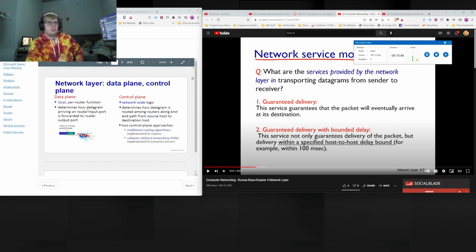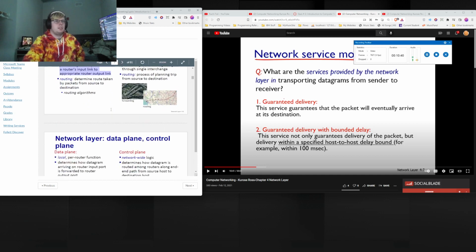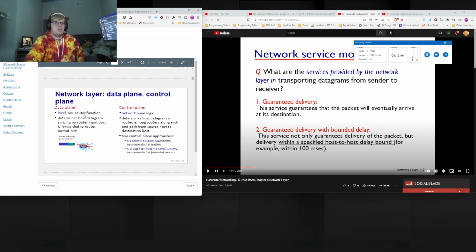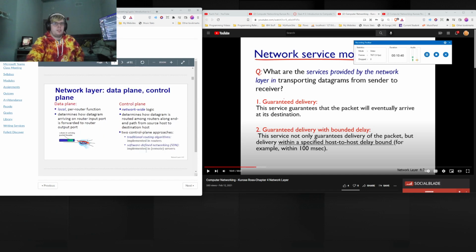So the local's input to output for forwarding. Wait a second, I get it. So the data plane is the forwarding, and the routing is the control plane, and the routing algorithms are these two things. So the data plane is local, and the control plane is network-wide.